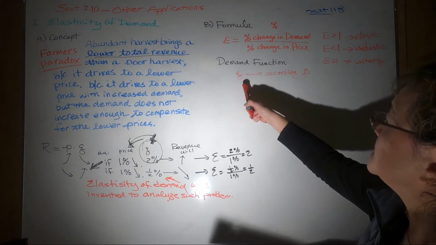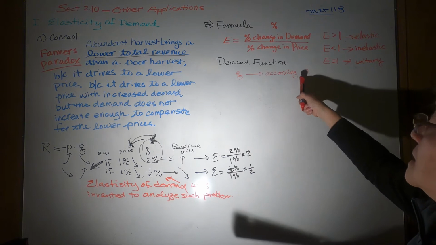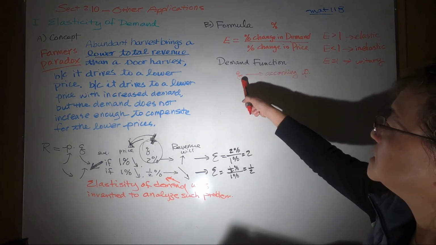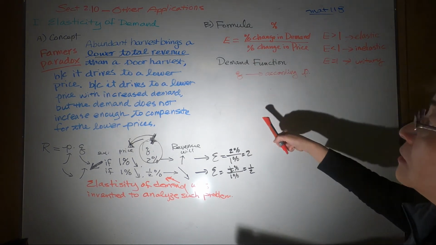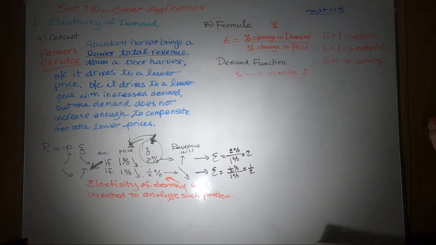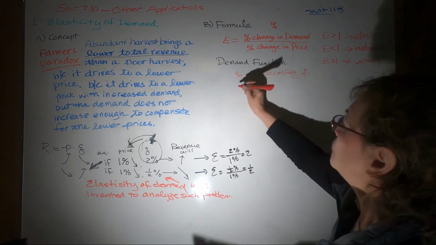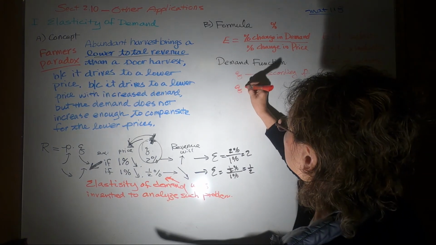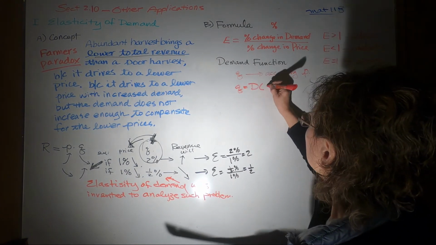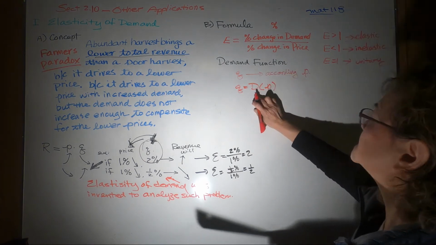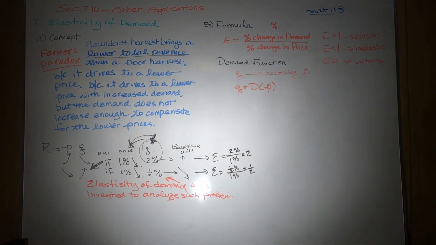So quantity according to P, that means what? Quantity from P to Q, right? From A to B, from X to Y, from P to Q. So we write it this way. Q is the function of P. Instead of using F, we use D, meaning demand function. Okay, so your Q is what?